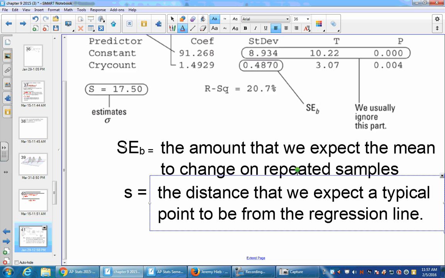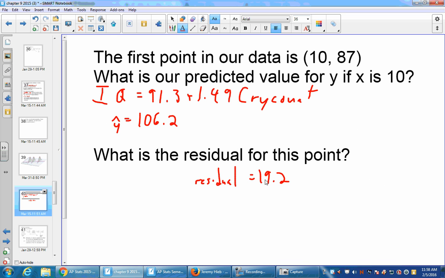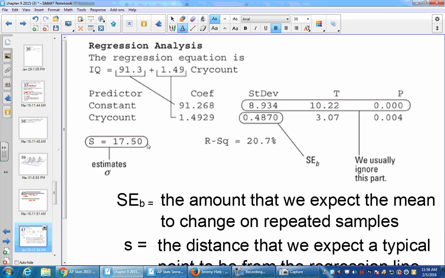So it's that vertical distance from our regression line to the actual point. If I look at this residual, that's 19.2. There are going to be other points that are closer to the line than that one, but a typical one is 17.5.